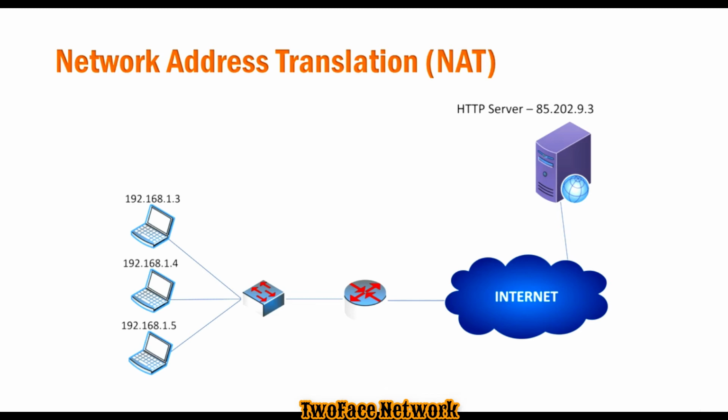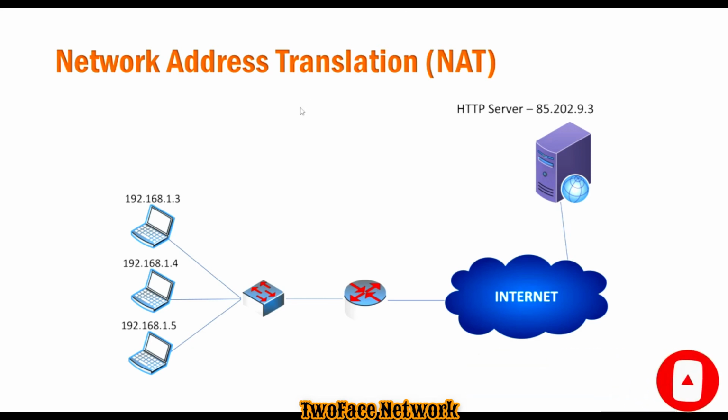The reason why we need to do this is because there are not enough public IP addresses out there for all of us to have one public IP address per device or per person. So we have to use private IP addresses in order to save public IP addresses.